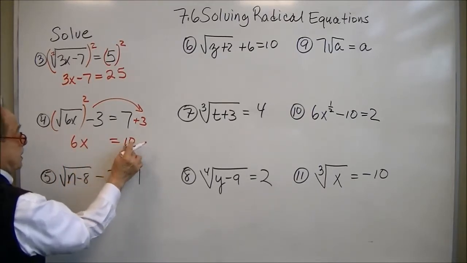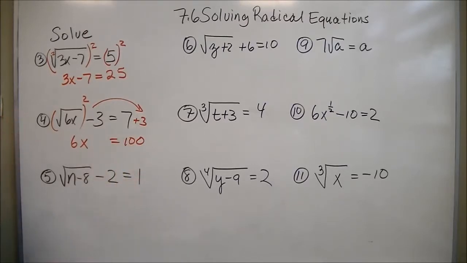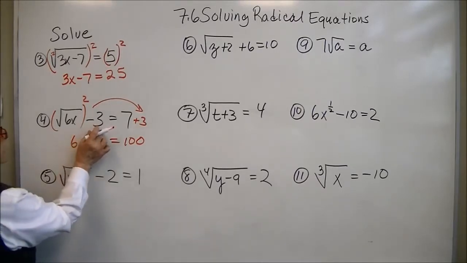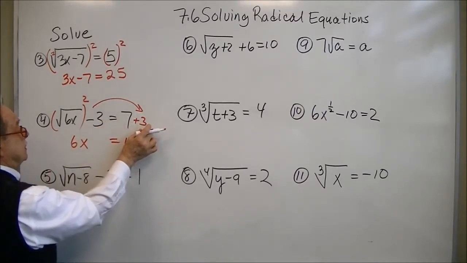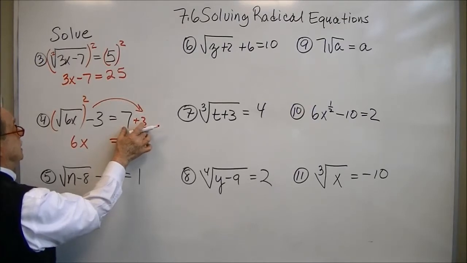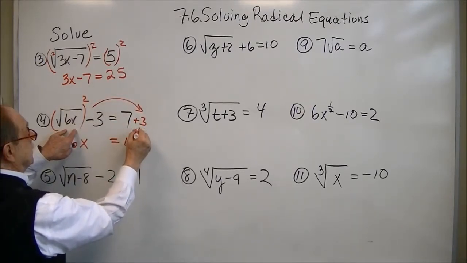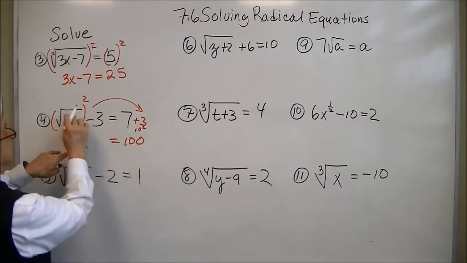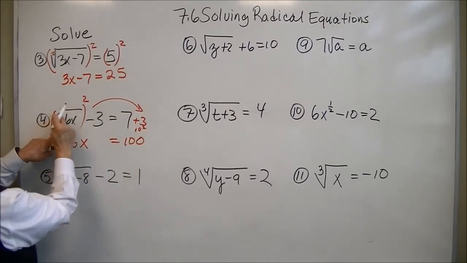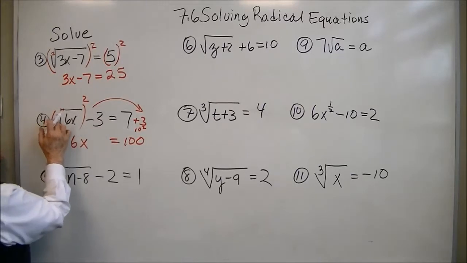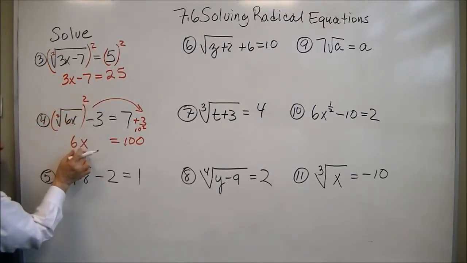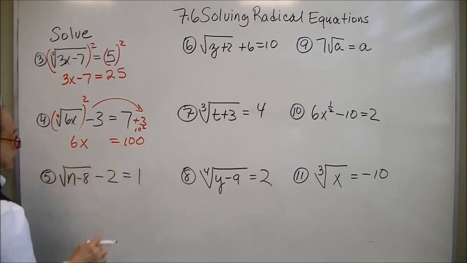And we had to square this, and that becomes 100. So we brought the negative 3 over, became a positive 3. This became a 10. And then we're going to square both sides. Whenever we raise something to the power of its index number, it just becomes the radicand. So that's our equation.